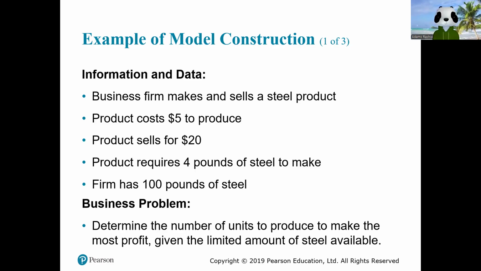We also know that he has only 100 pounds of raw material available to him. So his problem is to determine the number of units of steel to produce to make maximum profit.